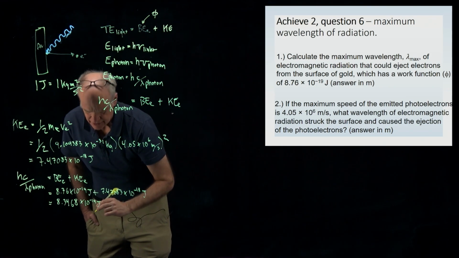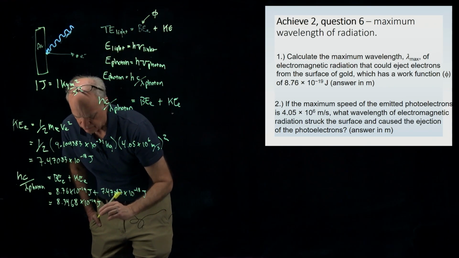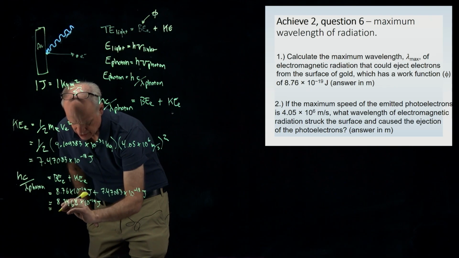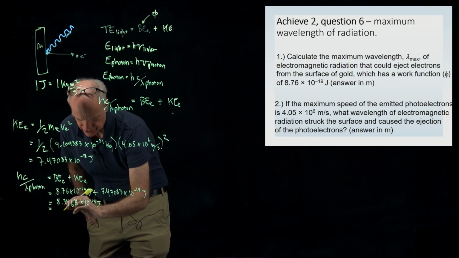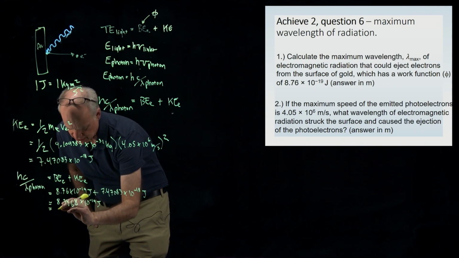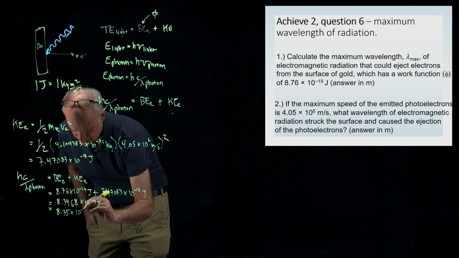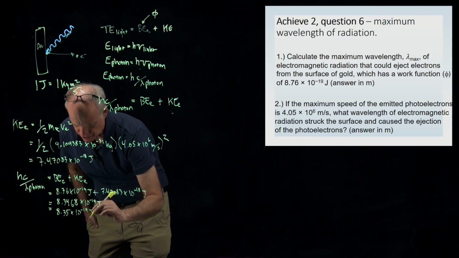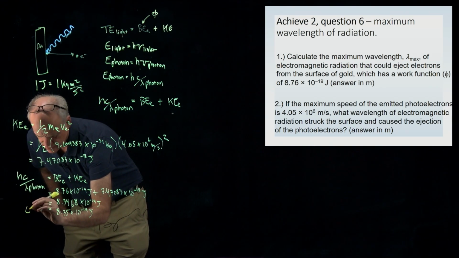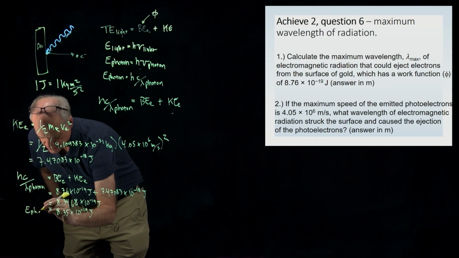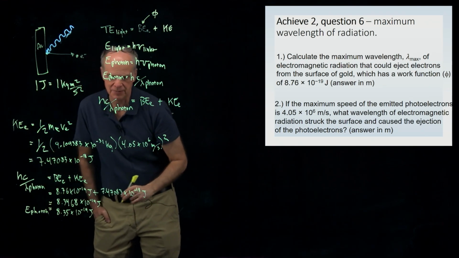Now we'll round that just to make sure. Since this is an addition, this is probably going to have to be rounded to 8.35 times 10 to the negative 19 joules. And that is the energy of the photon. So the final step isn't so bad.